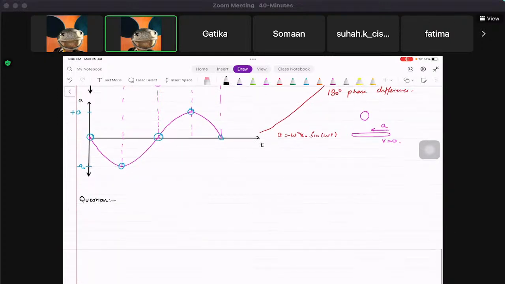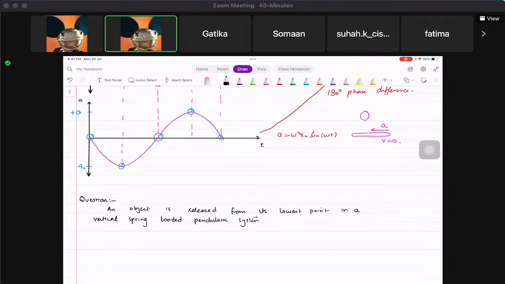It says an object is released from its lowest point in a vertical spring loaded pendulum system. So basically you're going up and down like this.